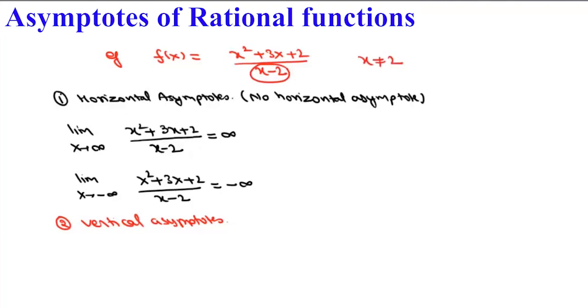We find its left hand limit at 2. It will be (x square plus 3x plus 2) upon (x minus 2). Now this is 2 minus h, so it will be minus h and then this positive value. So as x approaches 2 from the negative side, this value approaches minus infinity.